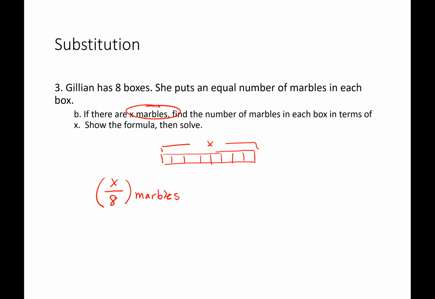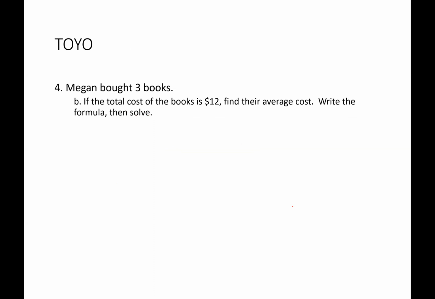Let's do another one. Okay, number 4. Megan bought 3 books. You guys ready to go on? Do you have this? Okay. Megan bought 3 books. If the total cost of the books is $12, find their average cost. Okay, let's start off with a bar model.